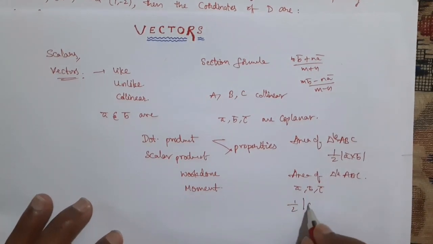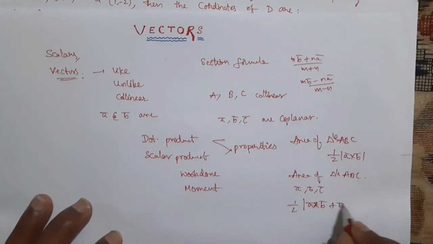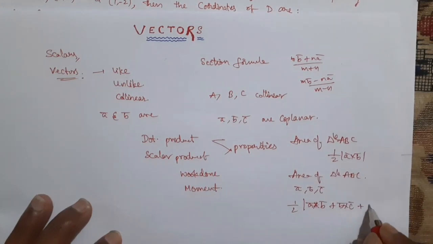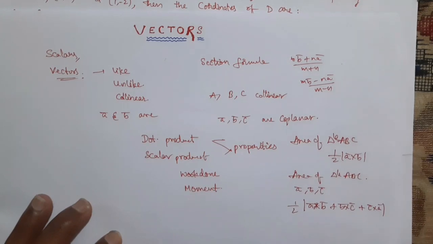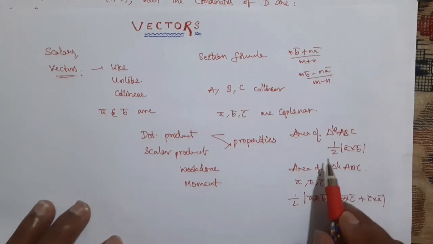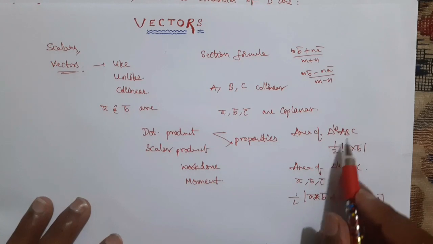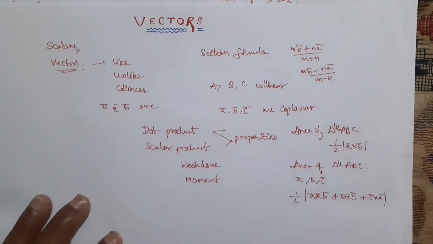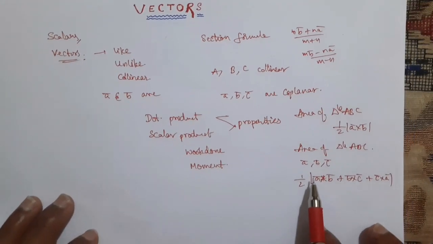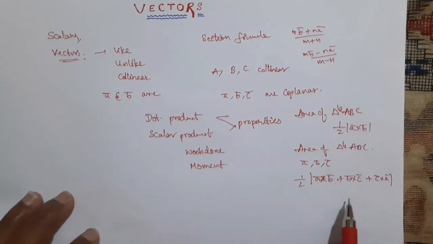That formula is half of the modulus of A bar cross B bar plus B bar cross C bar plus C bar cross A bar. So if adjacent sides are given, A bar cross B bar will do. If three position vectors A bar, B bar, C bar are given, this formula will apply.